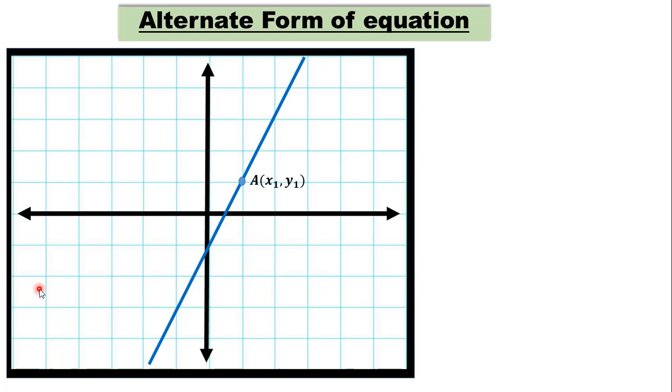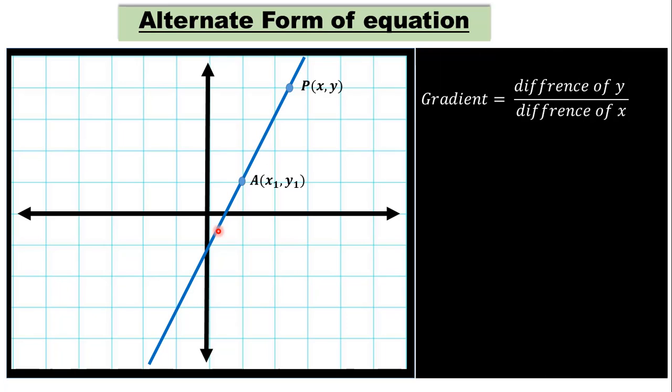Now consider a general point that is lying on this line having the coordinates x and y, and we name it P. Remember students, this point P can lie anywhere on this line. It can be here, it can lie even below this fixed point A. Now, as we know, the gradient of this line can be calculated using the ratio of the difference of the y values to the difference of the x values.